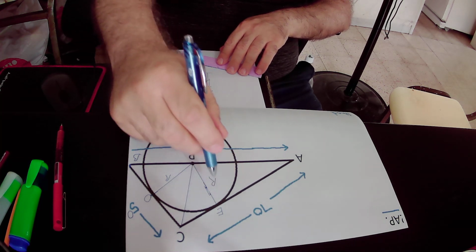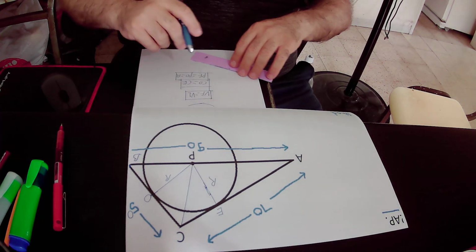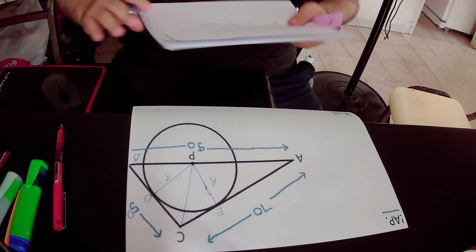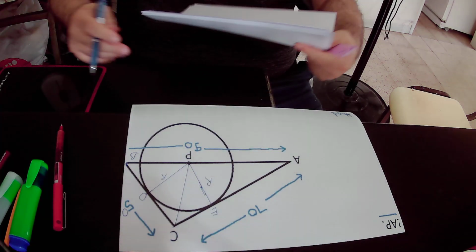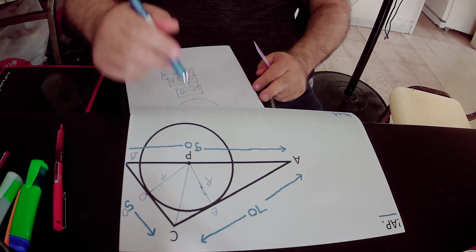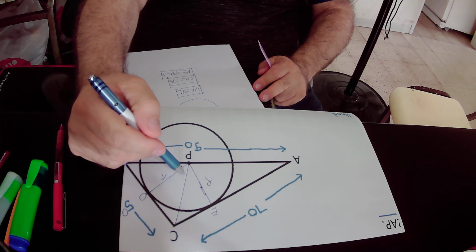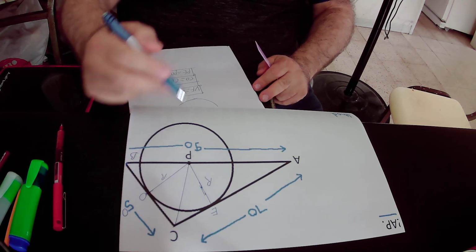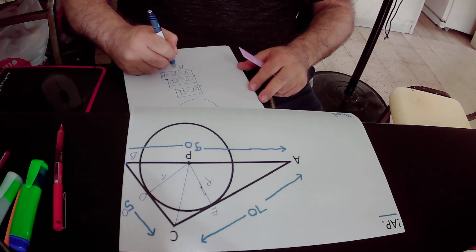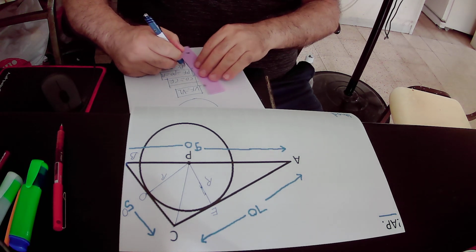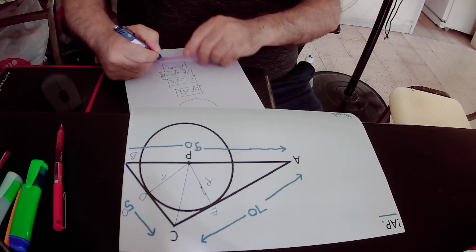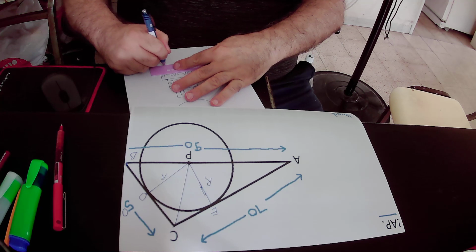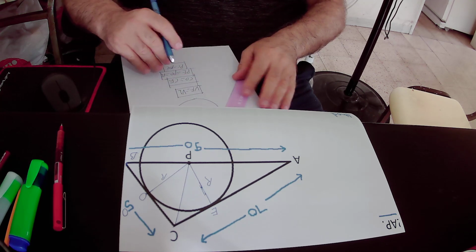Again, PE equals PO equals the radius of the circle, and also PC, this line equals itself. PC equals PC.